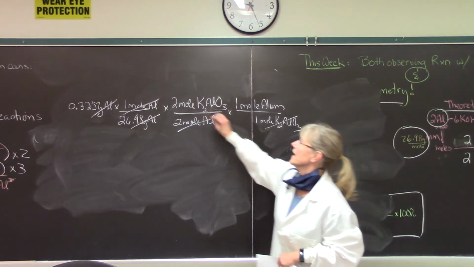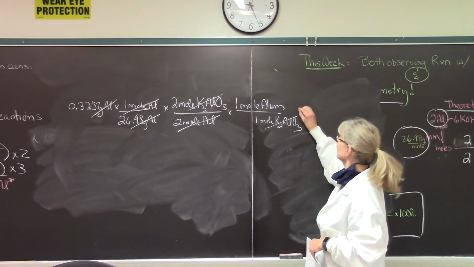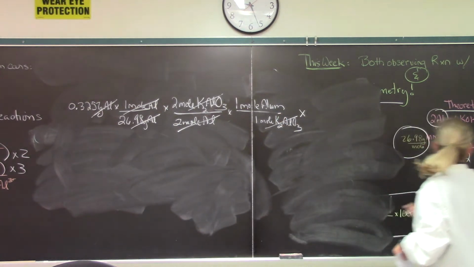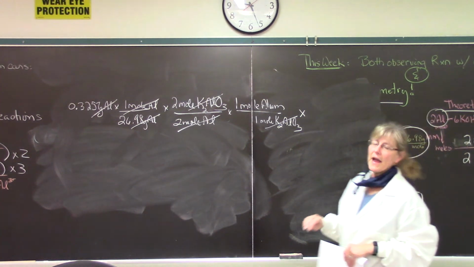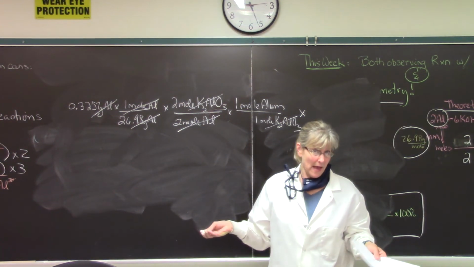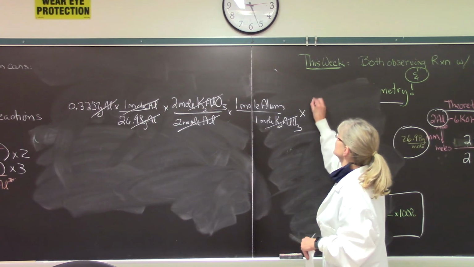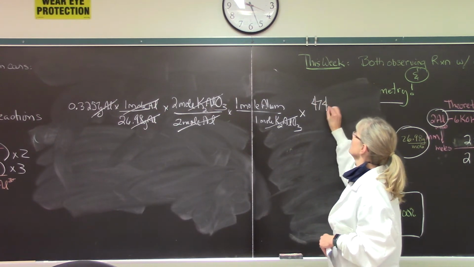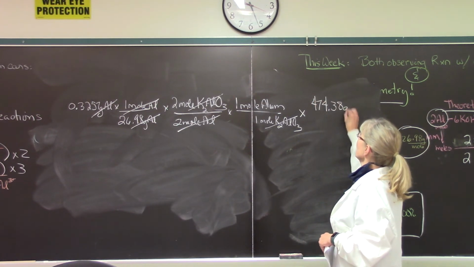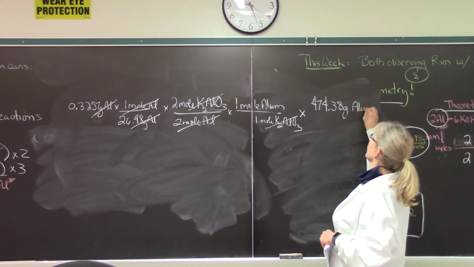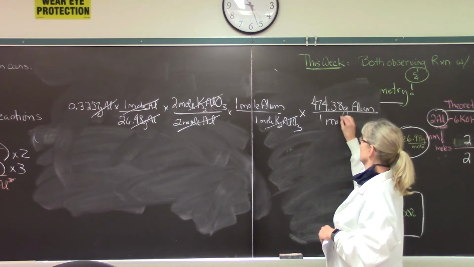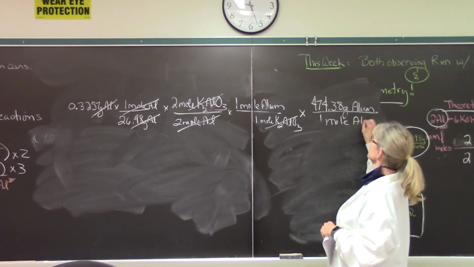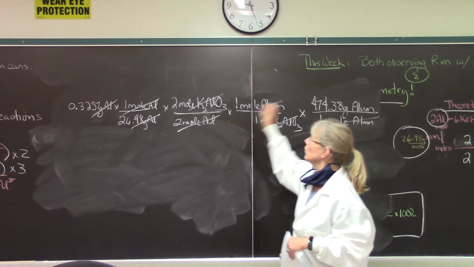My moles of potassium aluminate cancel. Finally, I'm now way over here at moles of alum, so I need to get back to grams of alum because I can't mass moles of alum. So 474.38 grams of alum per mole of alum. And my moles of alum cancel.